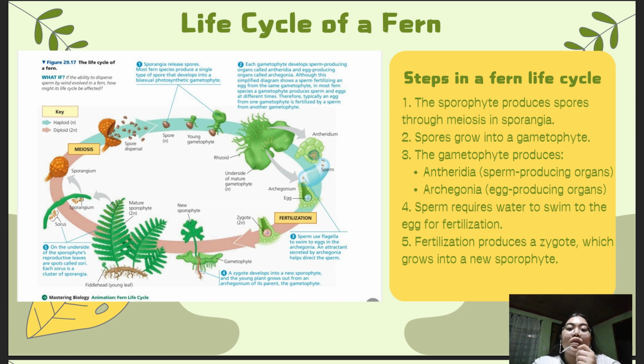The sperm will then fertilize the egg, creating a zygote, and the zygote will then turn into a sporophyte, and a new plant will grow from it. After that, the cycle will repeat.